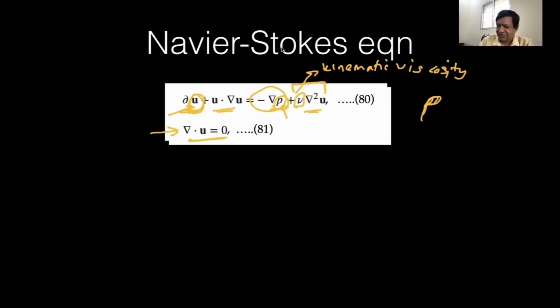This is called the incompressible Navier-Stokes equation, NS. So this evolution equation, where the velocity field changes with time, we solve under this constraint. The constraint is del dot U equals 0.